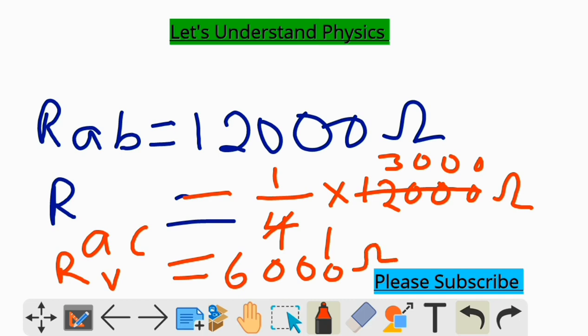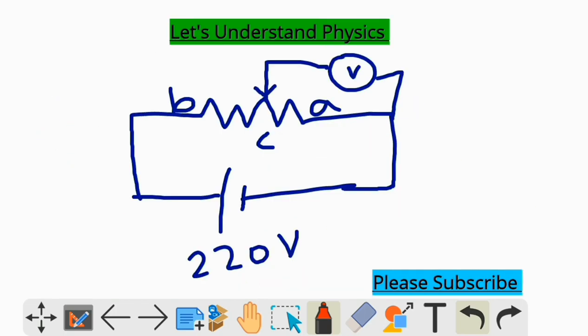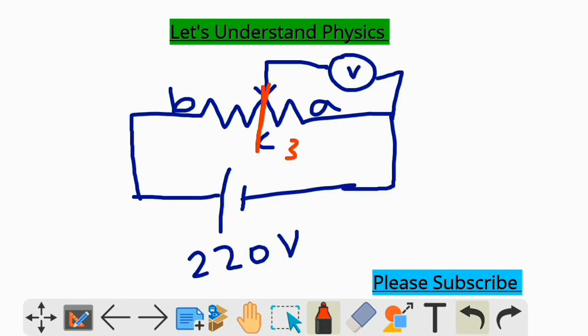Now, if you observe, we will draw in a diagram. Supply is the same. Now, that rheostat I am making into two parts, as they have made BC and CA. We know AB is 12,000 and AC up to here we got 3,000 ohm. So if this is 3,000 ohm, total is 12,000 from here to here.